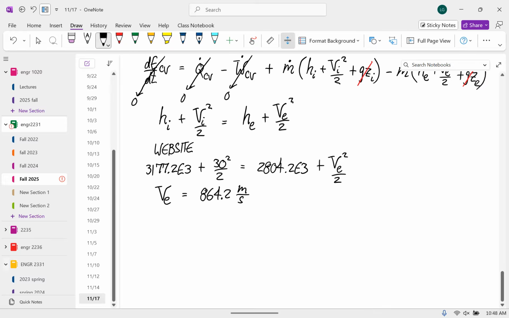And now we can go to the second law for control volumes.